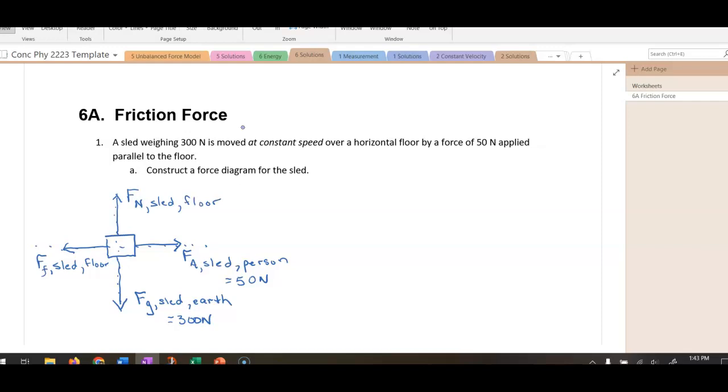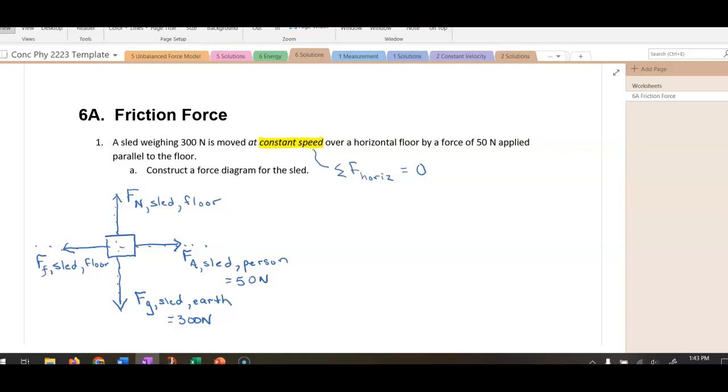Now, in this particular case, I know that it's moving at a constant speed. And so that is a clue to tell me that the net force in the horizontal direction is equal to 0, right? By Newton's first law, if something is moving at a constant velocity, then the net force is 0.